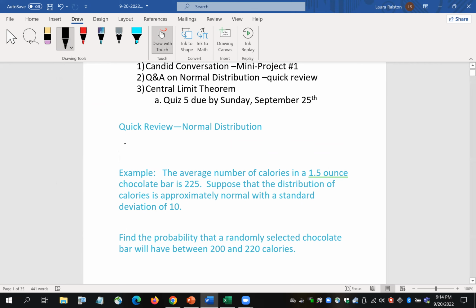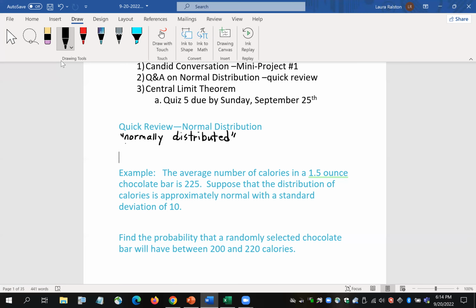Okay, in a question or in a scenario related to a normal distribution, somewhere in the scenario it should say that the variable is normally distributed, or is approximately normal, or follows a normal distribution.